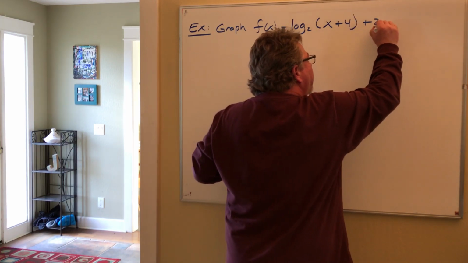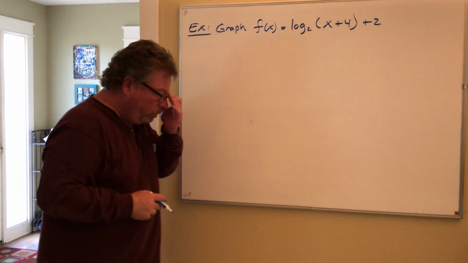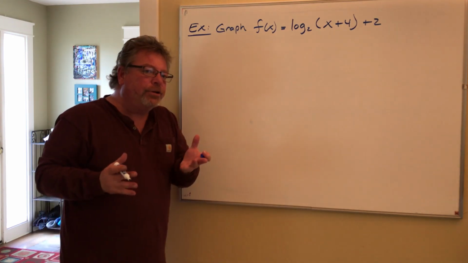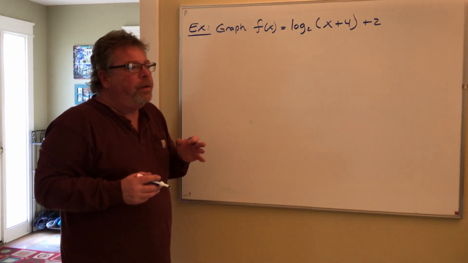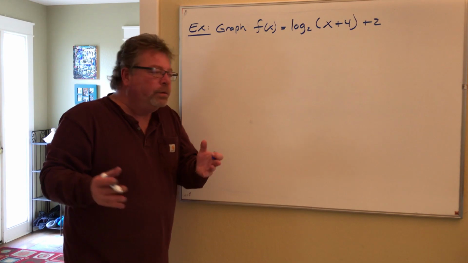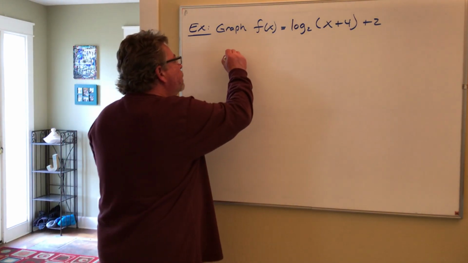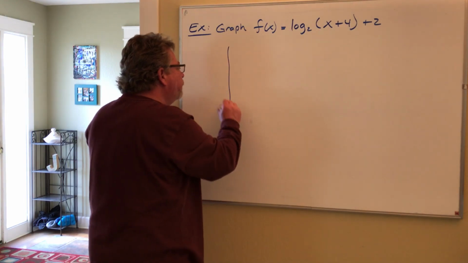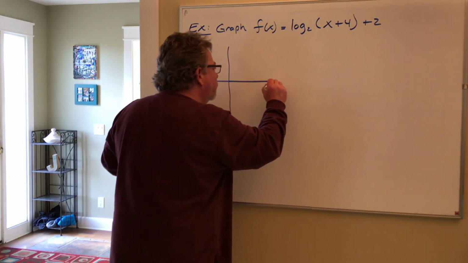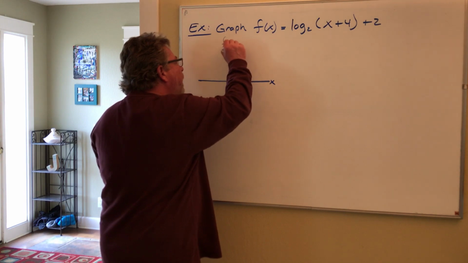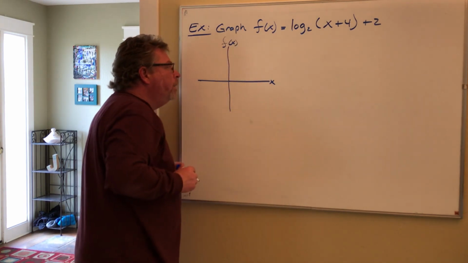And then we will add 2 to that. Now the first thing that I'd like to do here is come up with at least a primitive sketch of what this is going to look like. So let me see what I can do here. So we've got f of x here.